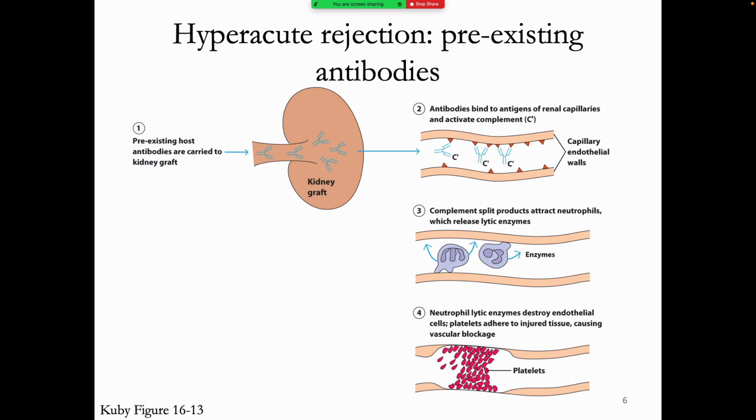And we can start to have things like complement-mediated lysis, we can have phagocytic cells, we can have inflammation, and we're going to destroy that graft, in this case, a kidney. And so this is going to happen within perhaps a couple weeks after our transplant.